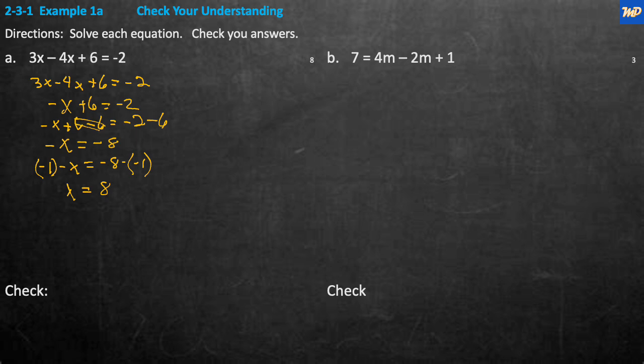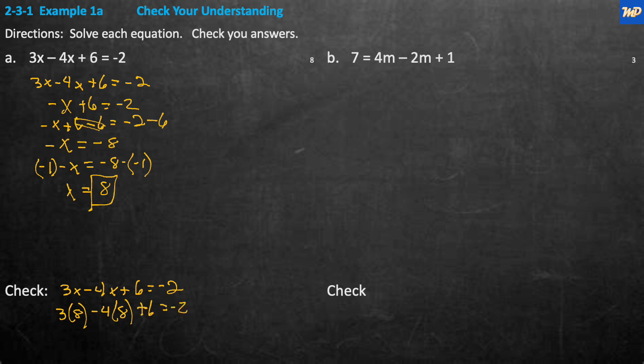Then it says check. So how do you check? Well, we're going to go ahead and write 3x minus 4x plus 6 is equal to negative 2. And now we're going to substitute our answer into all the x's. So we're going to say 3 times 8 minus 4 times 8 plus 6 is equal to negative 2.